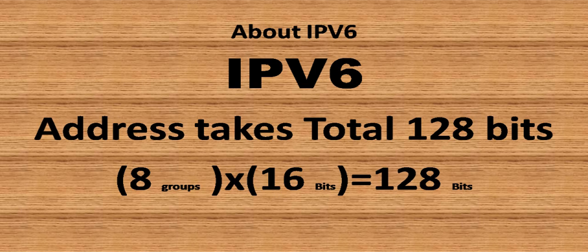The address of IPv6 takes a total of 128 bits. 8 groups are there and there are 16 bits for each group. By multiplying 8 groups with 16 bits, we get 128 bits. So the address of IPv6 takes a total of 128 bits.